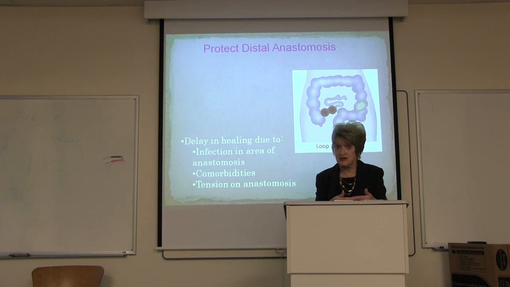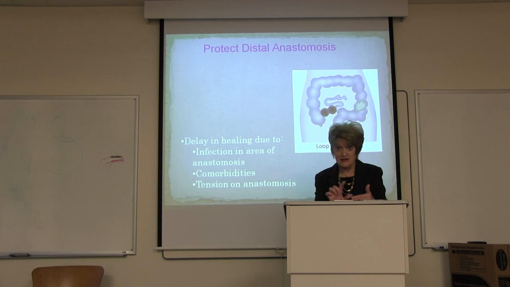You might also see a temporary loop ileostomy in a patient who has had a low anterior resection. And if you remember, a low anterior resection is done for a patient who has a rectal tumor that is in the mid-rectum or the proximal rectum.